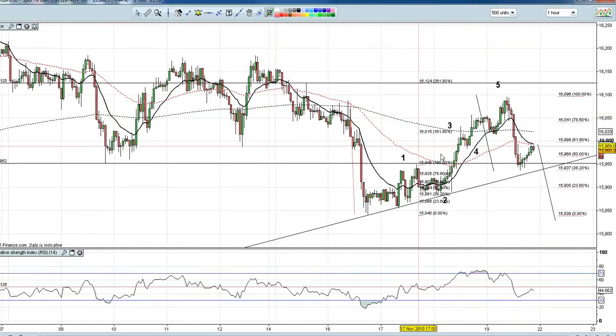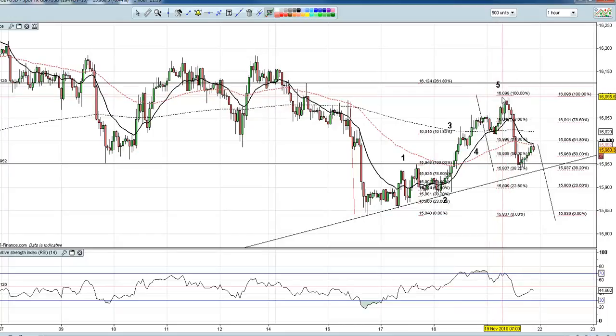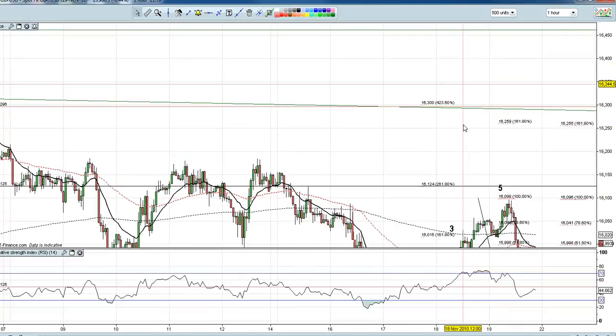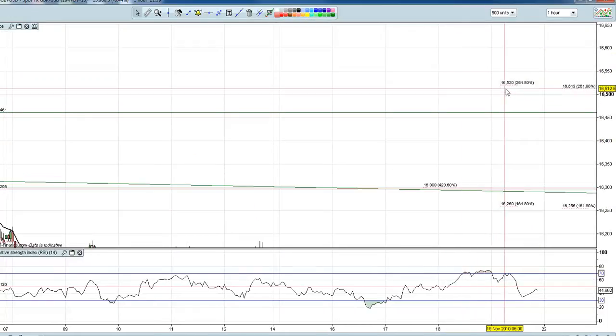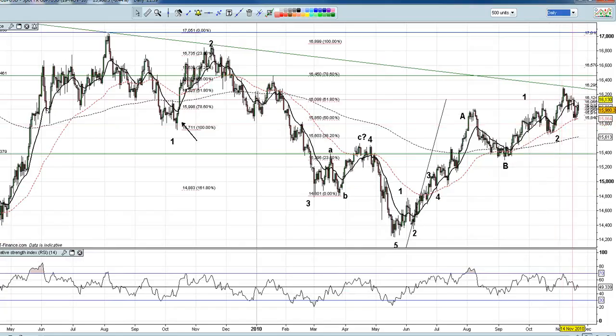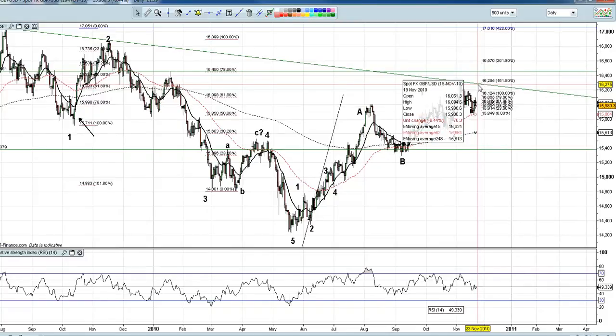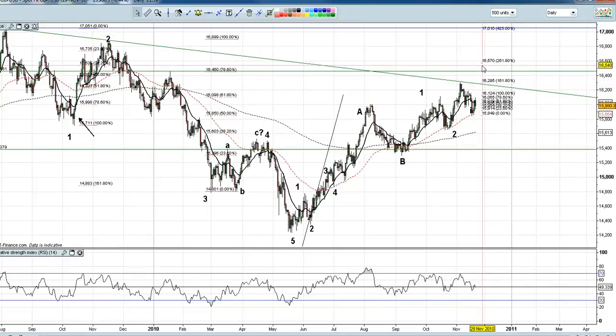If we can break that, then I'm looking, okay, 165.20, what we said. So 162.75 followed by 165.20 in extension.